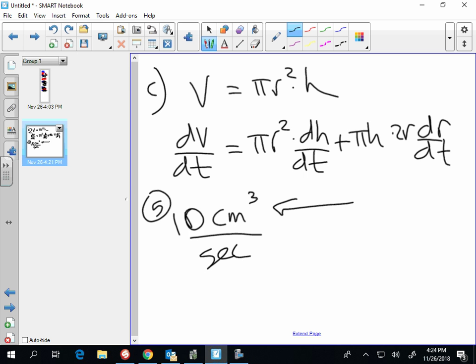No, those are the units of volume, and those are the units of time. So this is dV/dt. I have to be able to name these things calculusly. This thing's calculus name is dV/dt. Okay, they've given me dV/dt. Now what? How fast is the radius changing?